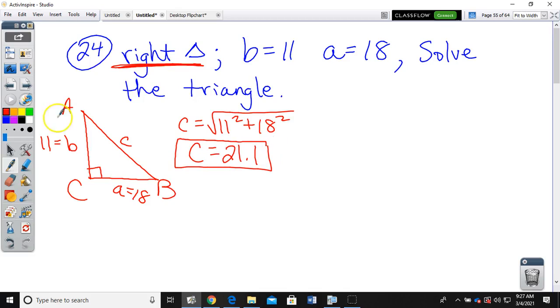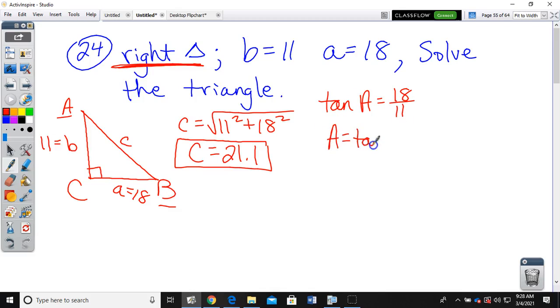We also need angle A and angle B. We're going to use the same trig function for both. Okay? If I'm doing A, what sides do I know? Opposite and adjacent. So I'm going to do tangent of A equals, what is opposite A? 18 over the adjacent is 11.